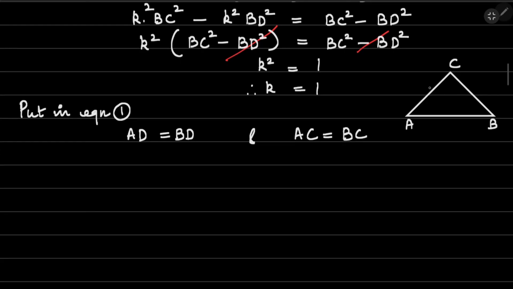When you have AC is equal to BC, when you say the two sides are equal, the angles opposite to the equal sides are also equal. Okay, this is one of the properties in the triangle.